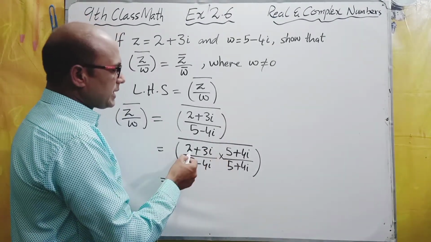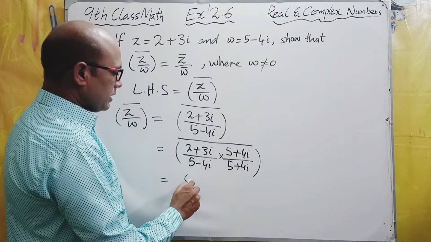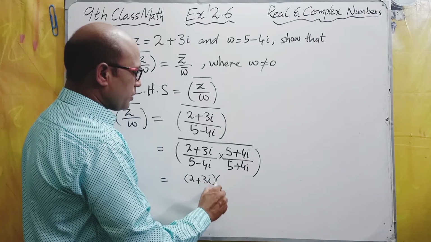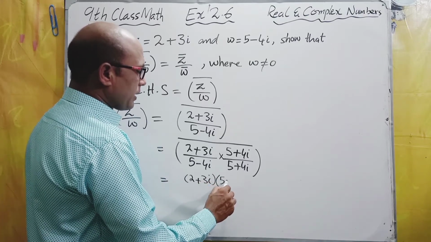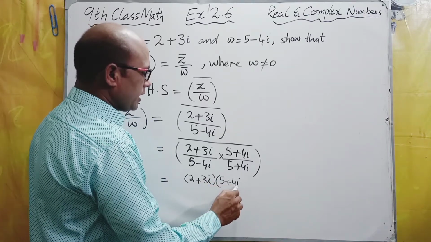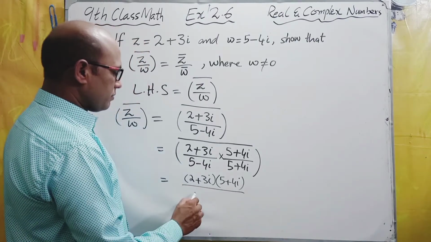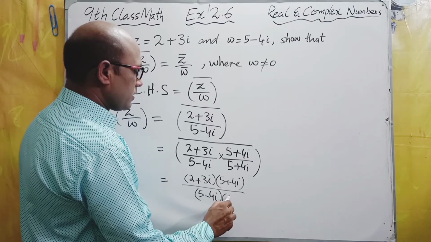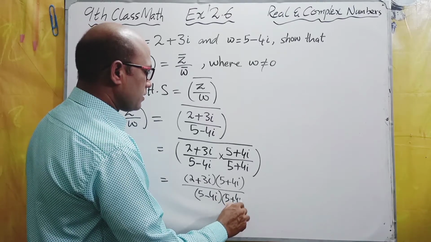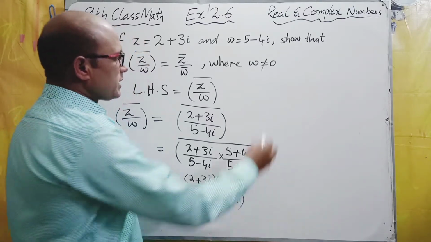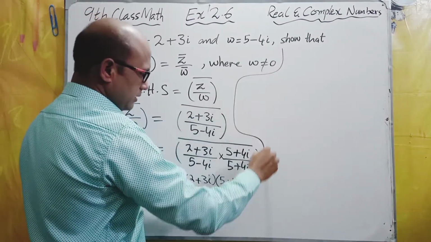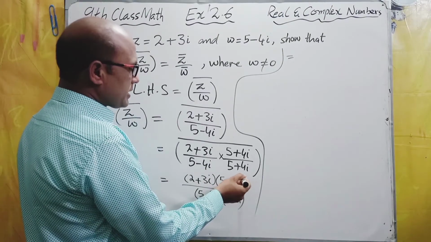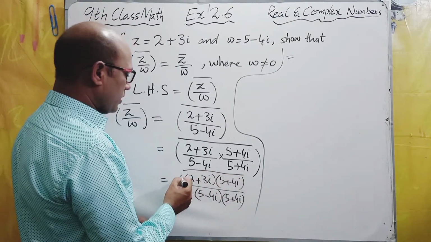Now we'll multiply these. The numerator will be multiplied by the numerator, and the denominator will be multiplied by the denominator in the same way. So students, let's see what is going to happen. Bar is still upon this whole.